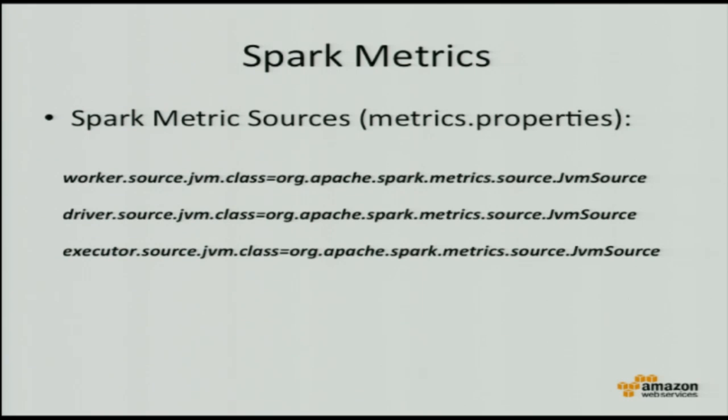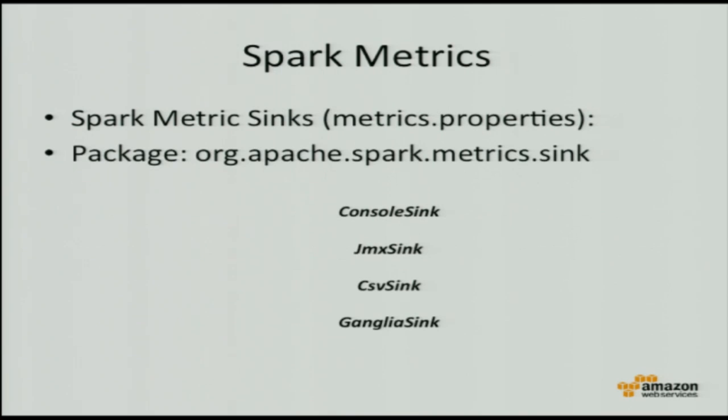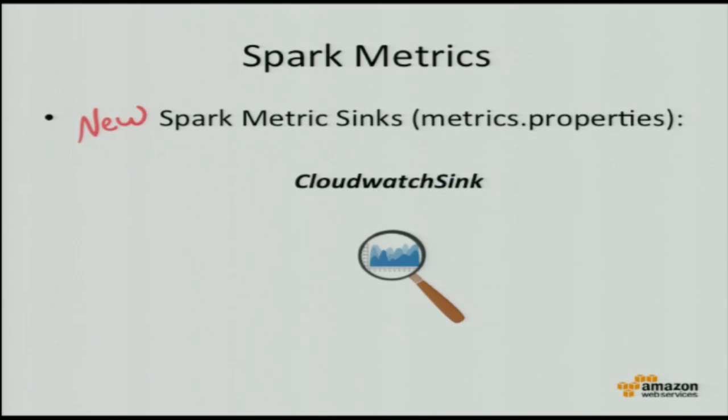So the sources here would be workers, drivers, and also executors, and you can collect JVM metrics. The sinks would be console sinks, so if you have a console for Spark, you get that on your console. You have JMX, you have CSV, you can get everything in CSV, and also a Ganglia sink, so you can see that in Ganglia. I've also written a sink for CloudWatch.